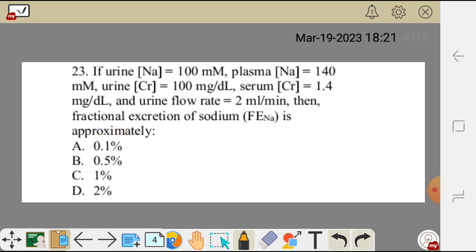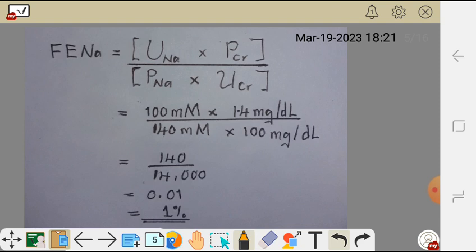We have a formula here: the fractional excretion of sodium is equal to the concentration of sodium in urine multiplied by the concentration of creatinine in plasma, divided by the concentration of sodium in plasma multiplied by the concentration of creatinine in urine.